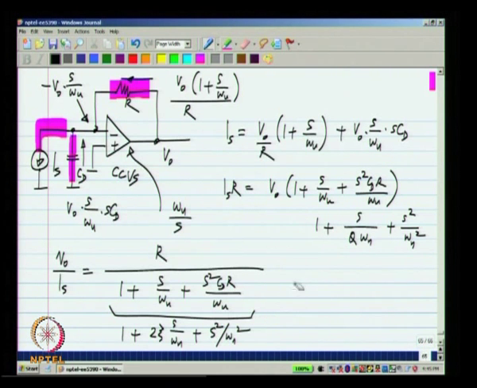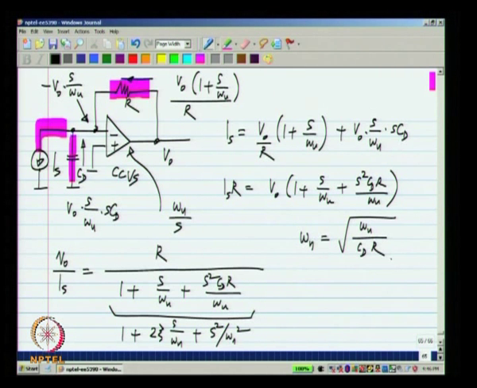Okay. Let us calculate the quality factor and the natural frequency. The natural frequency is omega u by C D times R. And we know that 2 zeta by omega n is 1 over omega u, by comparing this to the standard form.